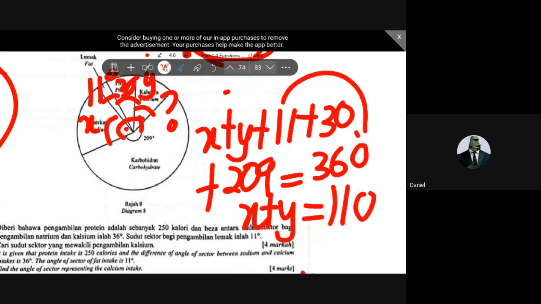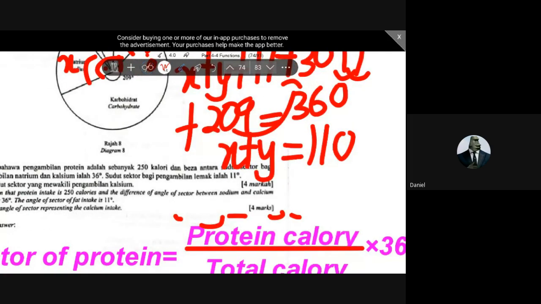All these shift here, minus. Semua pindah ke sebelah kanan jadi tolak. So this is your first linear equation. Okay, understand? This one. This is your first one.